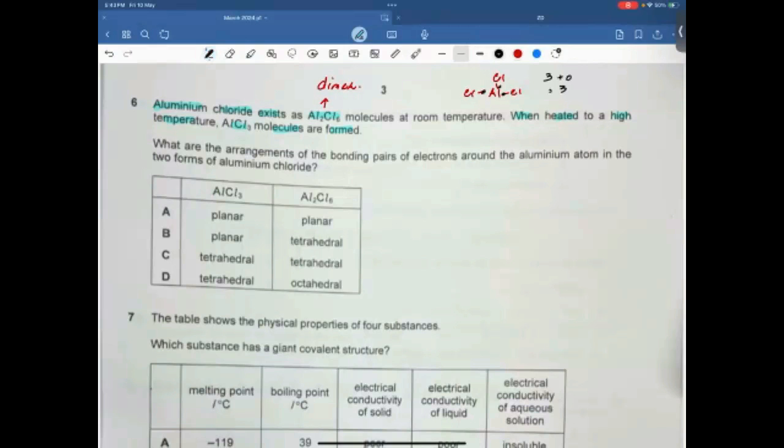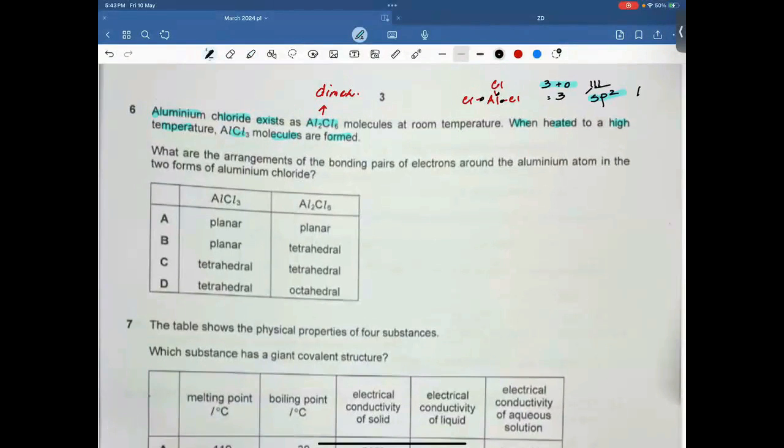So total is going to be 3. If we draw 3 lines, in order to get hybridization, the first line is always represented by s orbital. The remaining 2 lines represent p orbitals. So hybridization is going to be sp2. Whenever we have 3 single bonds and 0 lone pairs with sp2 hybridization, geometry is going to be trigonal planar, and the angle is going to be 120 degrees.